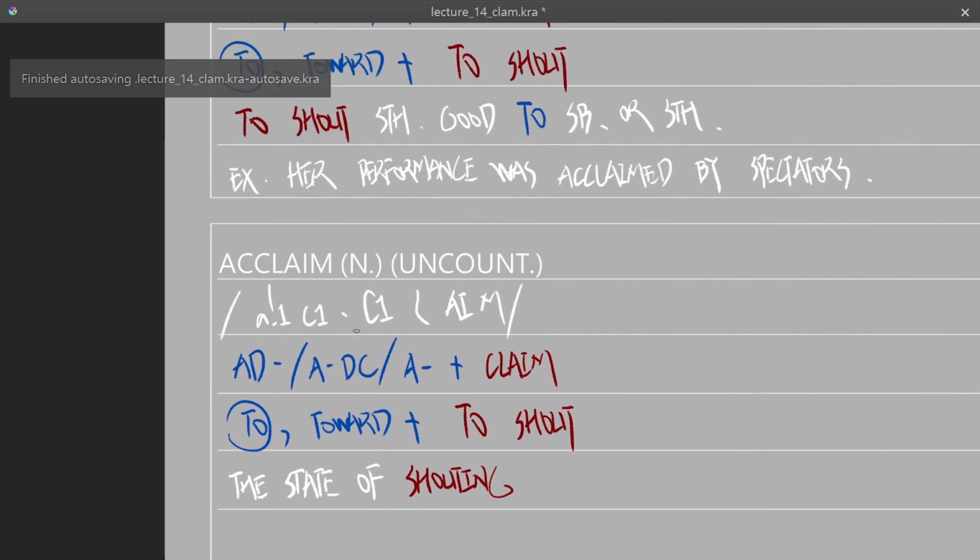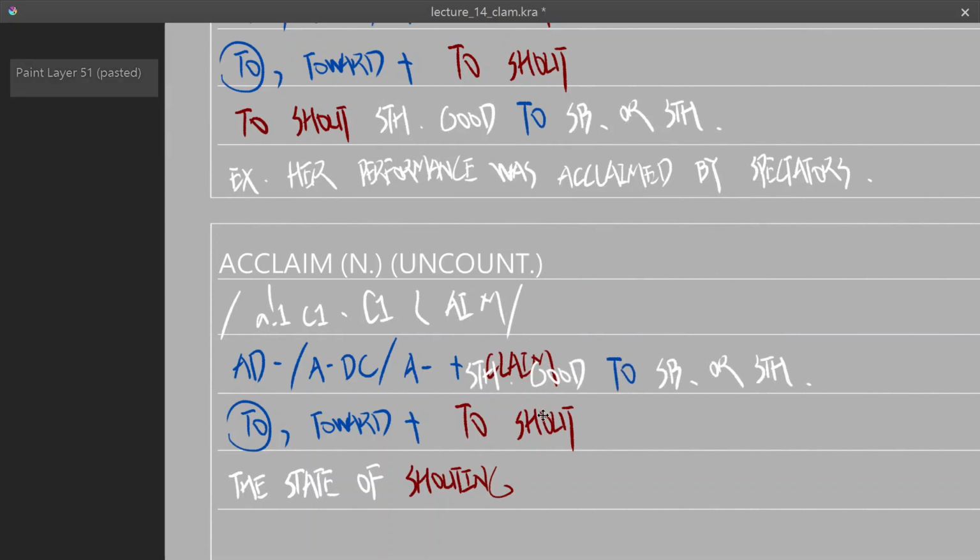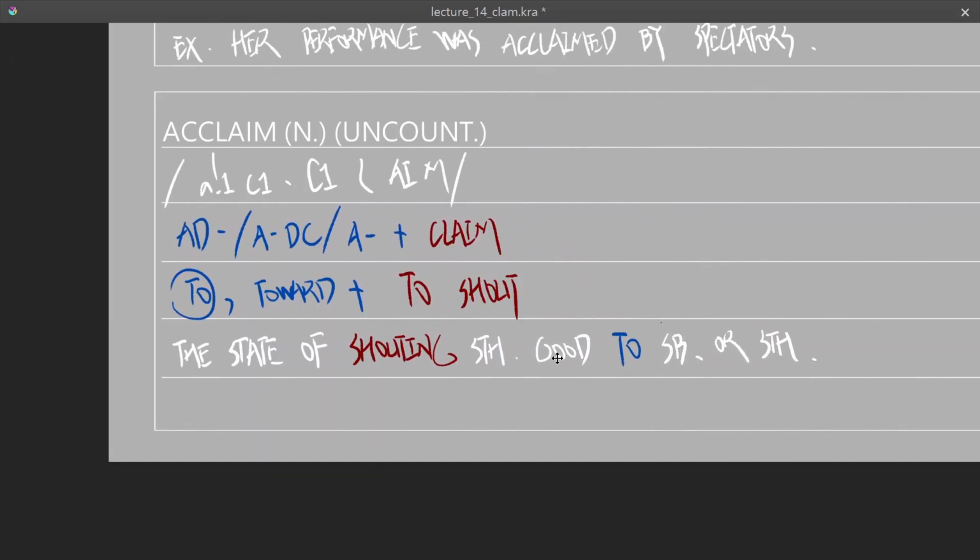Shouting what? Shouting something good to somebody or something.